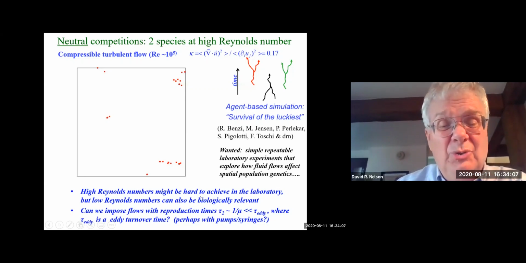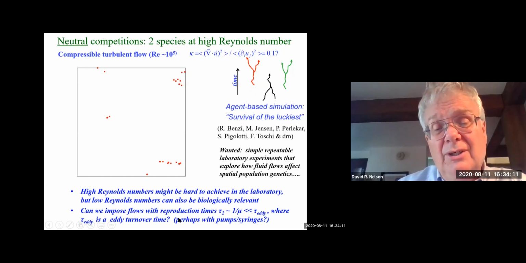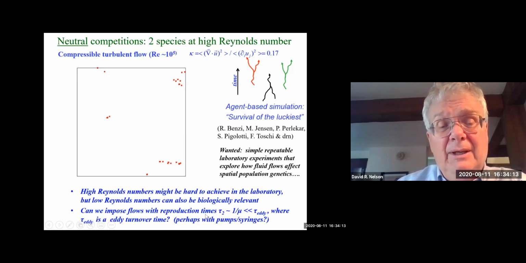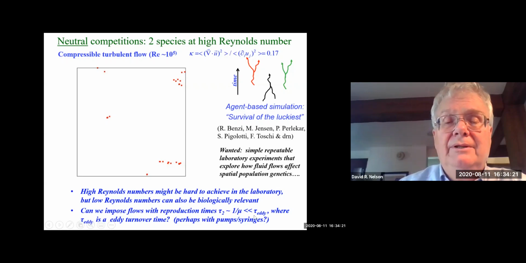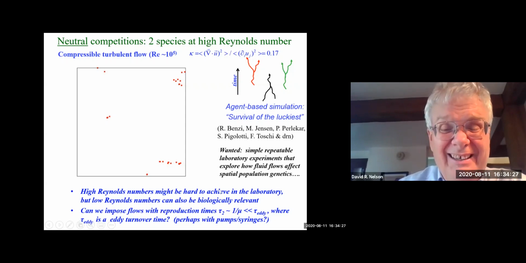Depends on the situation. And the question is, can we impose flows upon organisms with reproduction times that are much less than a typical eddy turnover time? So the organisms can divide many times as they swirl around on a particular eddy.